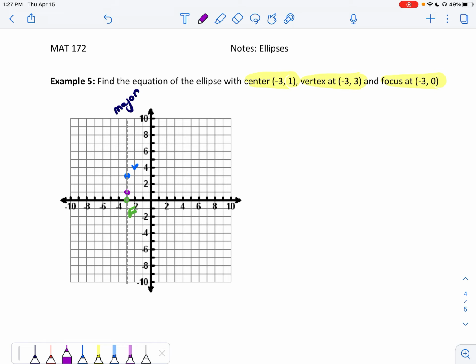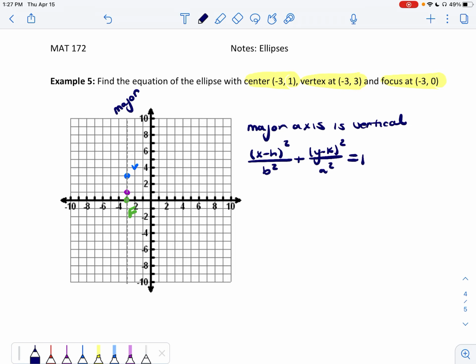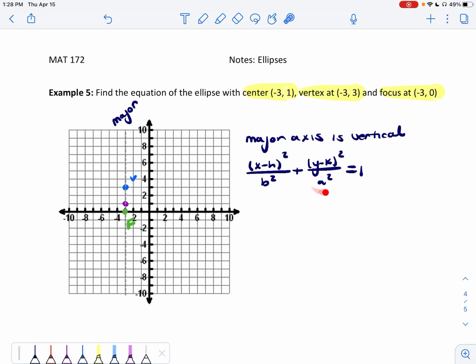Which means we're working with the equation x minus h quantity squared over b squared plus y minus k quantity squared over a squared is equal to 1. Because the major axis is vertical, the a term has to be under the y. So now we need to figure out a, b, h, and k.